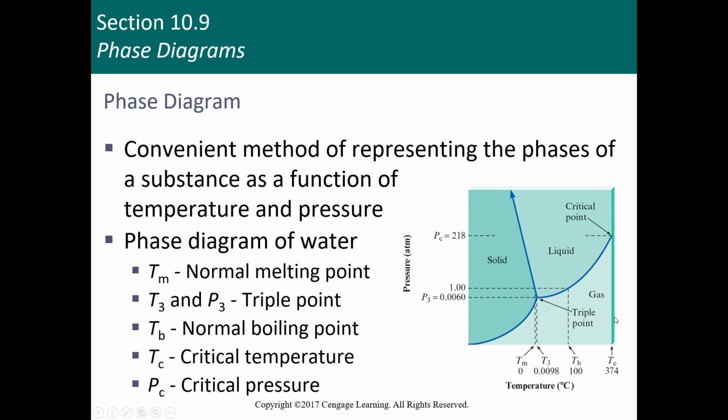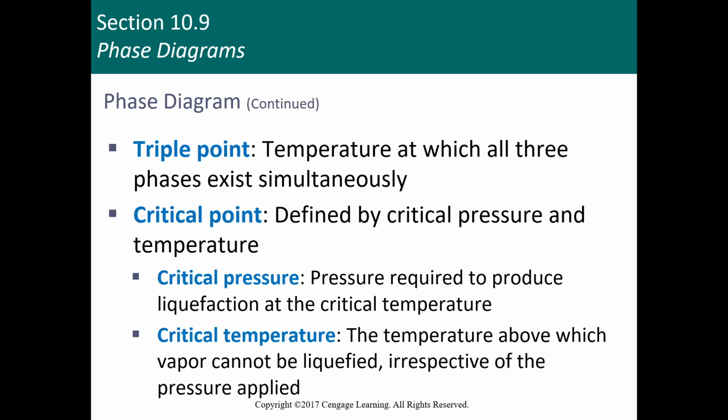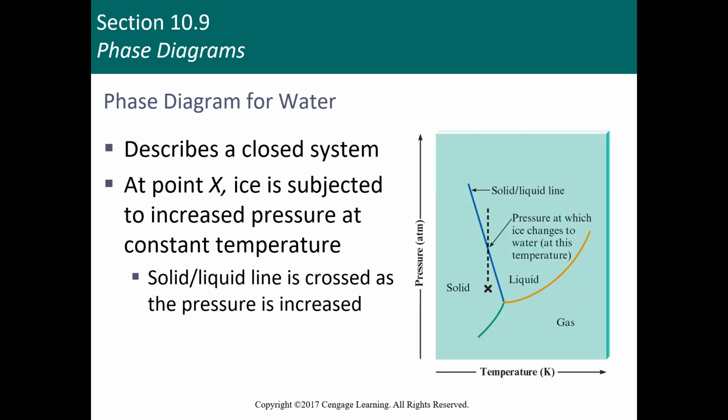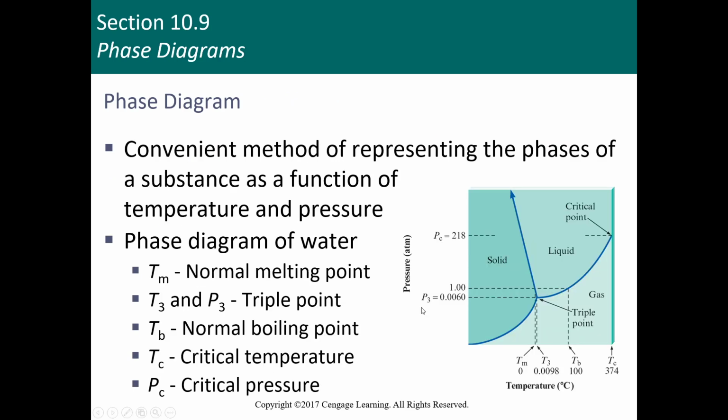And that's because with the gas and liquid phases, you can't actually get complete liquefaction. What happens beyond this point is actually something a little strange. Beyond this point, you have a gas that's so dense, it almost looks like a liquid. But it is not a liquid, it is a gas, and you literally cannot get liquefaction.